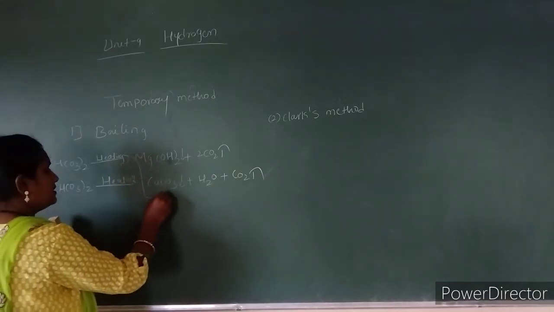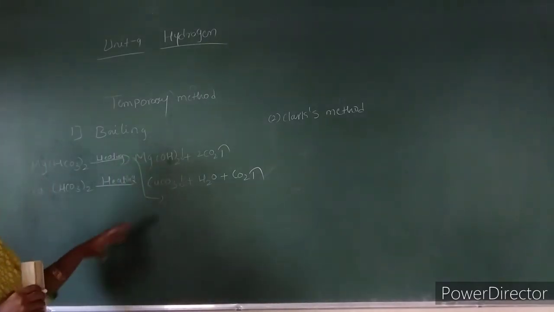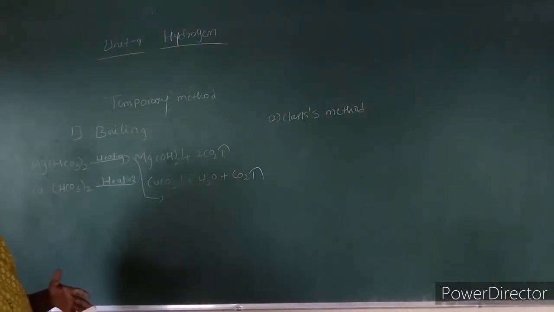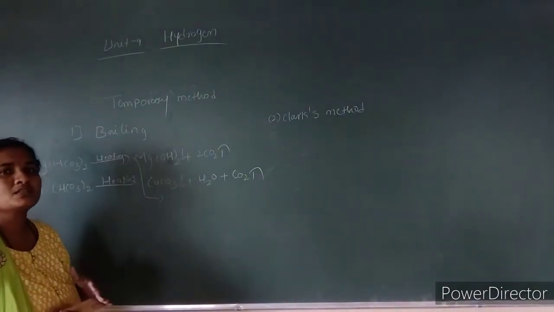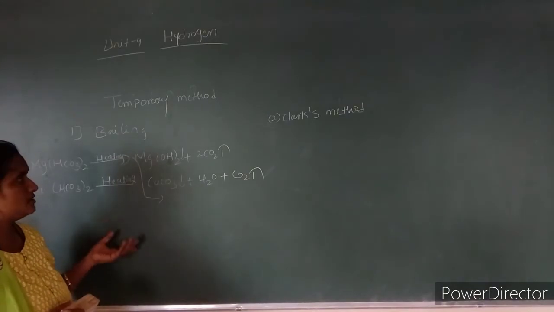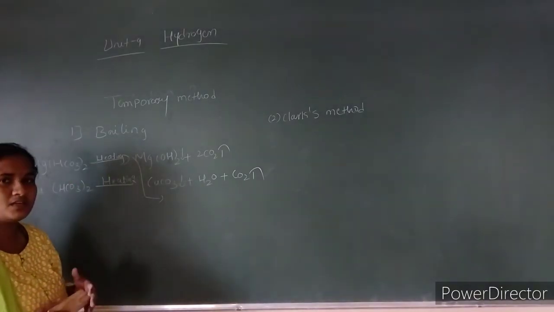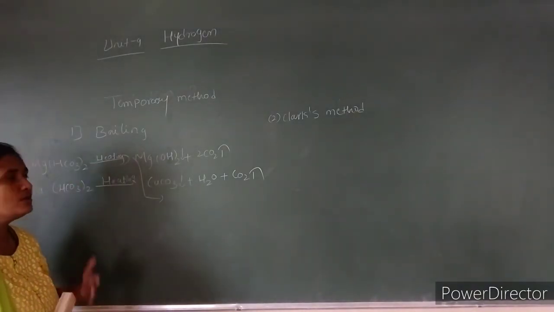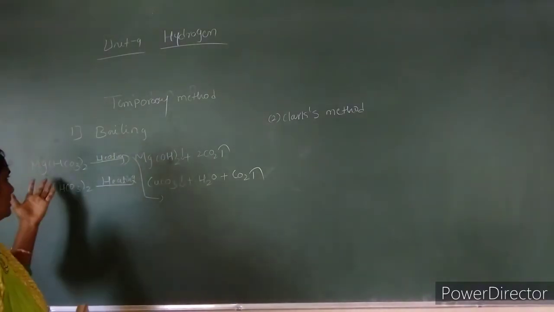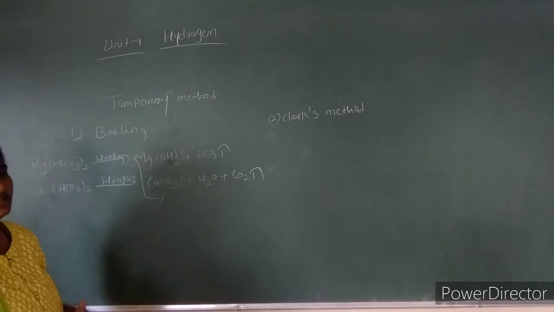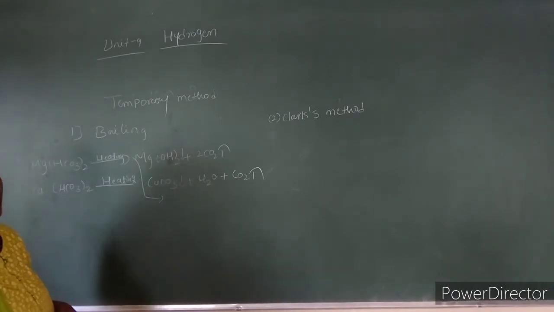So these are precipitates. This precipitate will be removed with the help of filtration, and the filtrate now contains soft water. In this way, by boiling the water, we can temporarily remove the magnesium and calcium salts if they exist in carbonate form. We can easily remove them with the help of the boiling method.